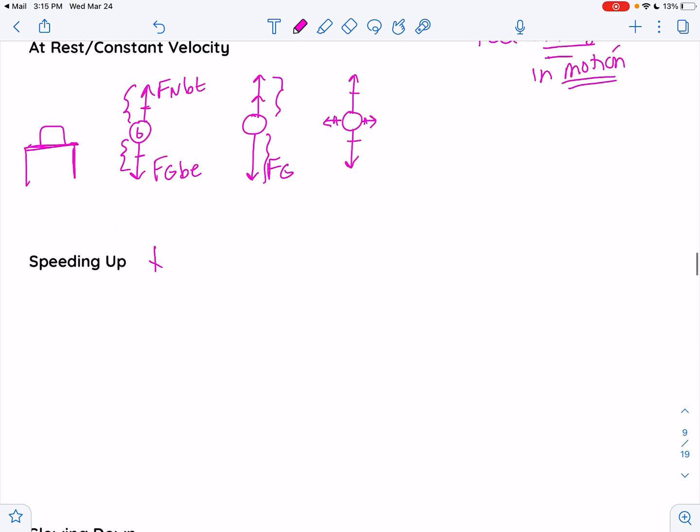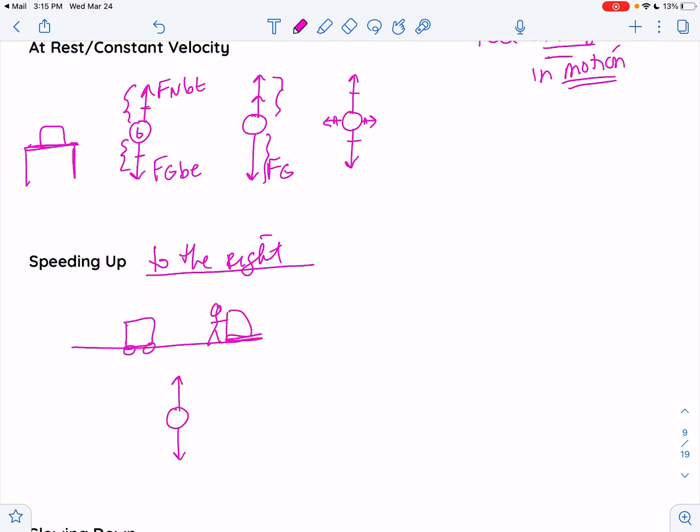If something is speeding up, we're always going to assume everything's going to the right in this class. So it would be something like a car, or somebody pushing a box. In these cases, up and down will probably be balanced, and then there may be only an arrow to the right.